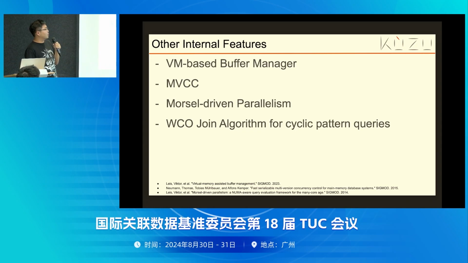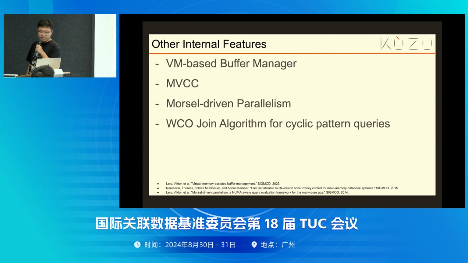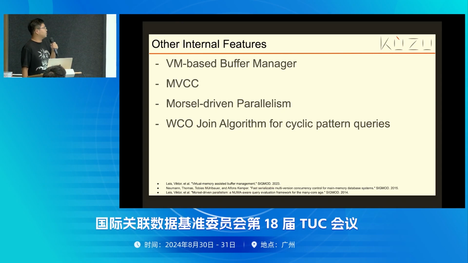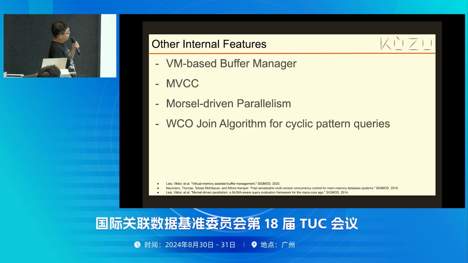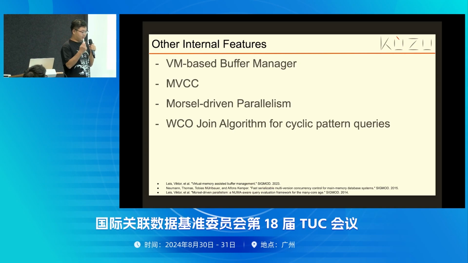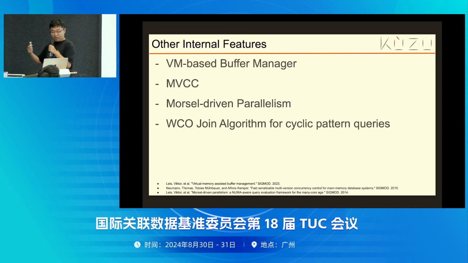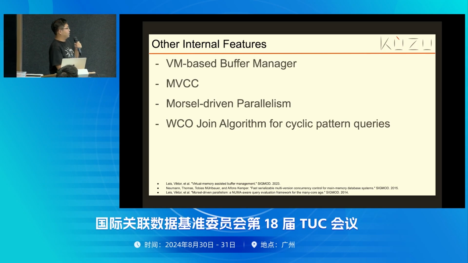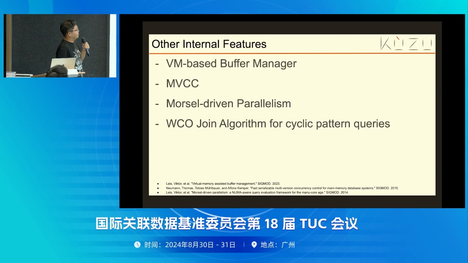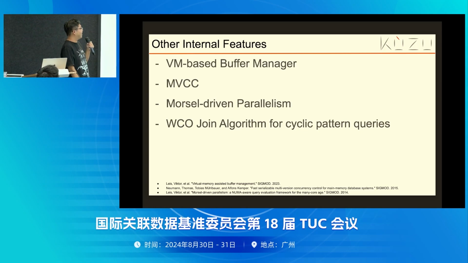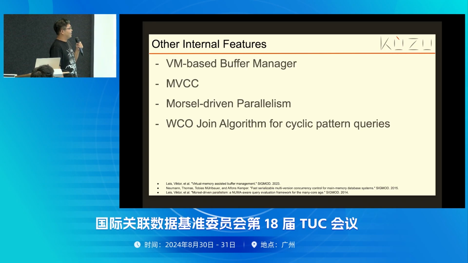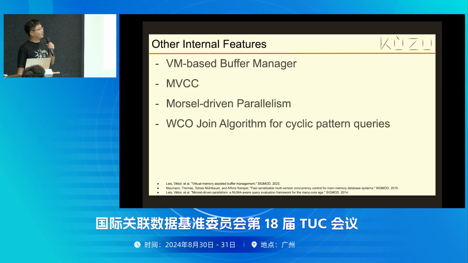So we have a virtual memory-based buffer manager. This is from Viktor Leis's paper, the Sigma paper in 2023. We have multi-version concurrency control. This has just been released last month. And we do model-driven parallelism. All three papers are published from TUM, which has a very good research group on databases.